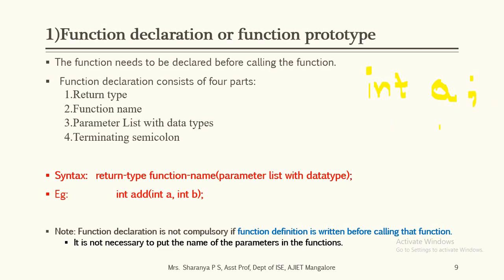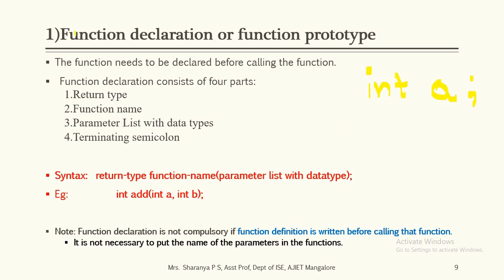Why is it required? Because we tell the compiler well in advance that this is a variable that I am going to use in this program, which is of data type integer, and reserve some memory for this variable. Same way, in the function declaration, whichever function we are going to use in the program, we declare it well in advance at the beginning.